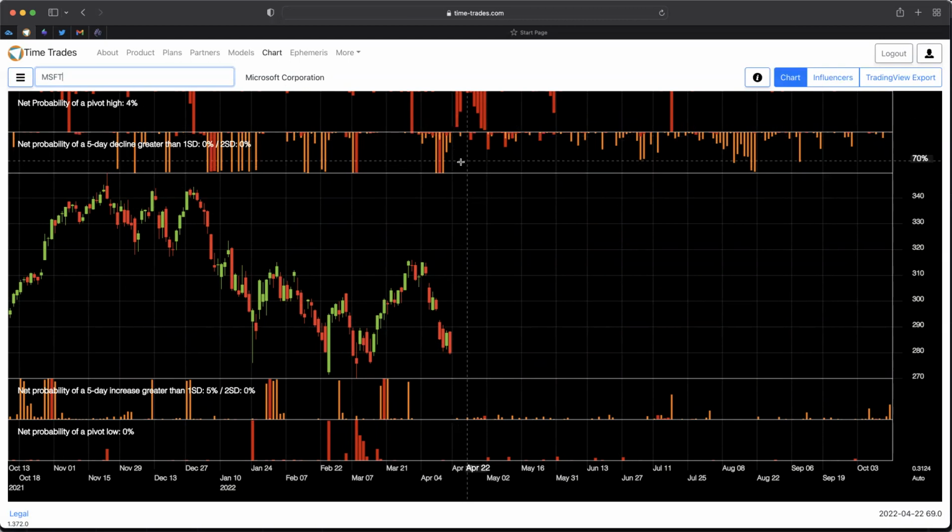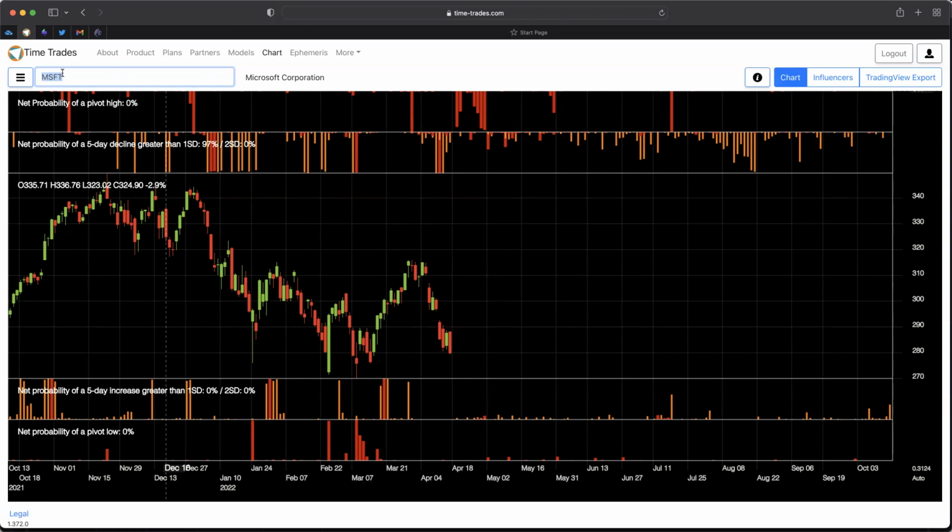So again, I'd rate this mostly bullish with a little caution around the April 25th timeframe. And again, we're seeing that April 25th date pop up on a lot of stocks here. So that looks like an intermediate term high.